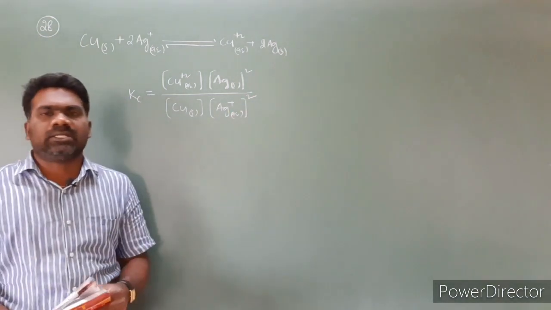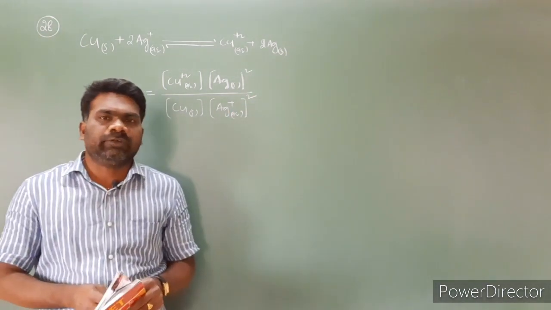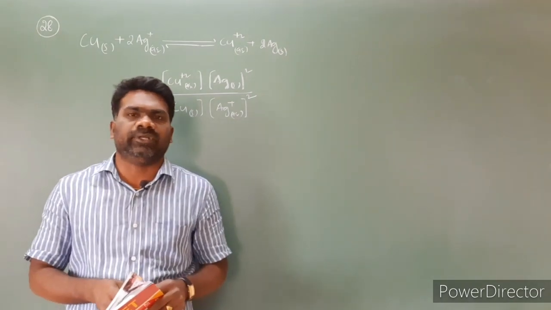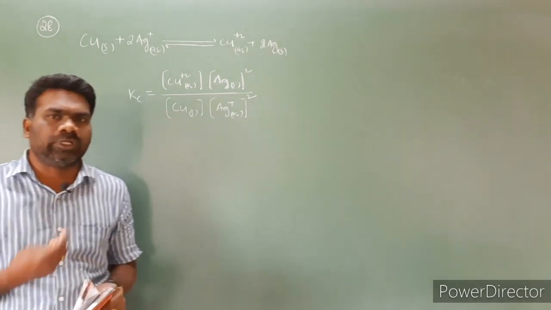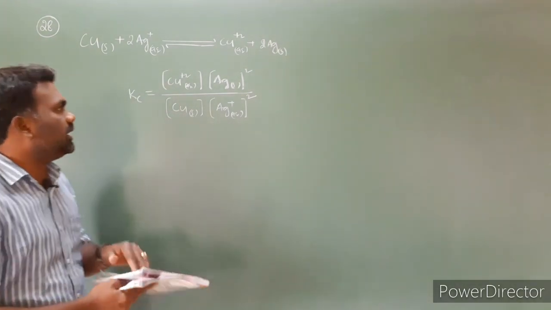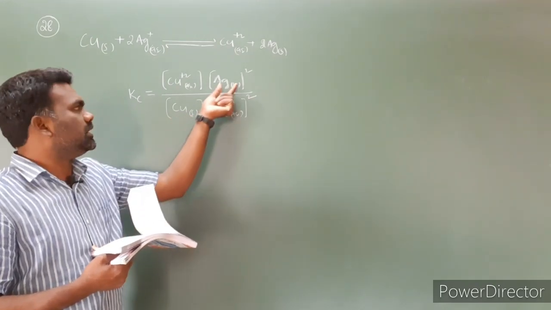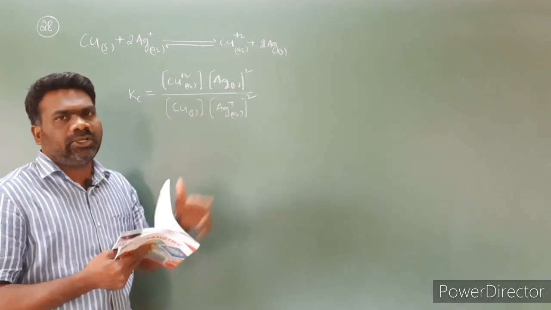We know very well that the molar concentration of a solid and pure liquid is taken as unity. Here Ag is a solid, here copper is a solid. So these two concentrations we have to take as unity.